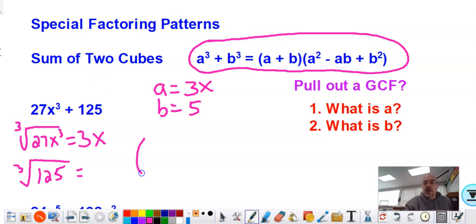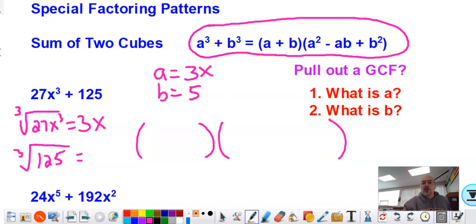So here we go. My A value is 3x, so I'm going to put a 3x right there, plus my B value, which is 5. So there's my binomial part of that answer. Now over here, I'm going to put a minus sign and a plus sign. Now this says A squared.